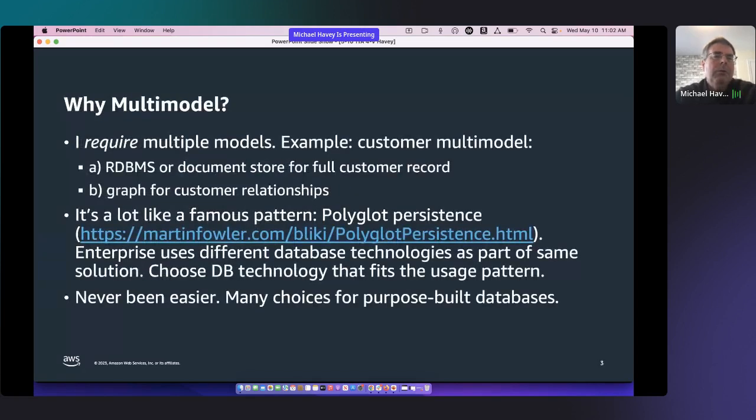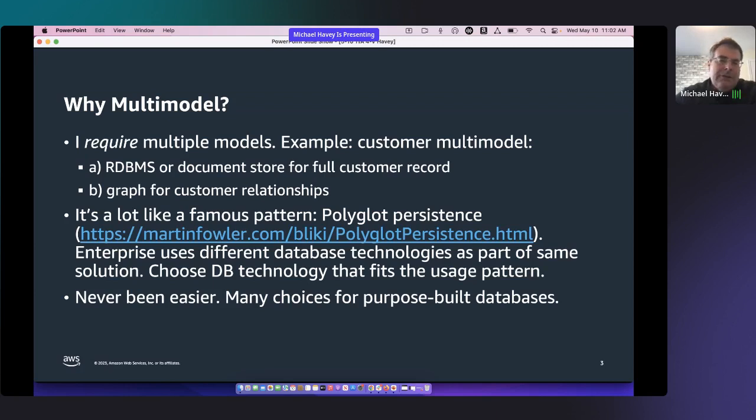So in terms of why I would want to use multi-model, let's consider a solution one might build around customers, where you would want in the same solution to represent a customer record as well as customer relationships. To build this, I might use two separate models. I might use an RDBMS or a document store to represent the customer record, but I might use a graph database to represent the customer relationships.